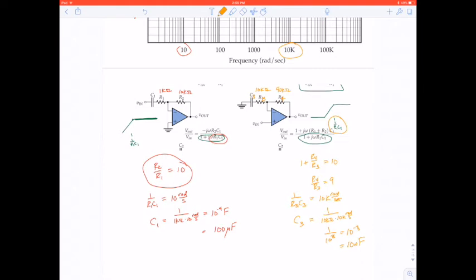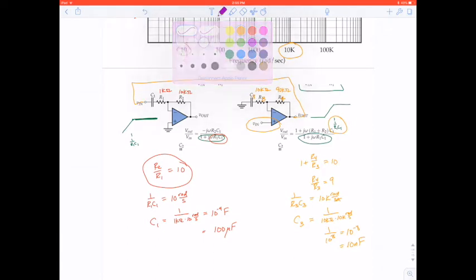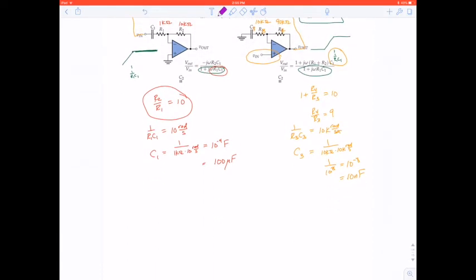And so that finishes our design, and the only decision we still need to make is what order to cascade these two in. And because the non-inverting configuration has the high input impedance, we should use this stage first, and then hook the output of this stage into the input of the second stage. So the overall circuit will look like this.